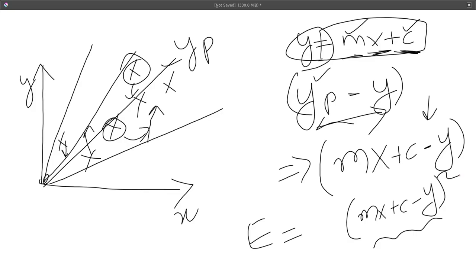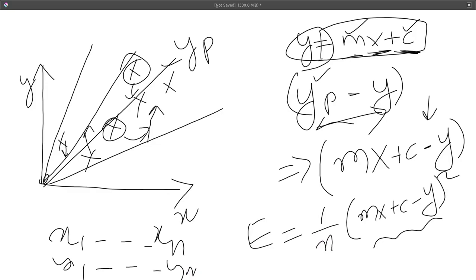Now we don't want this error to become a very large value. So for example, say there are x1 to xn terms, and similarly y1 to yn. So we have n number of values for our y. Let's take an average of this error and make it 1 by n of mx plus c minus y, squared, right?